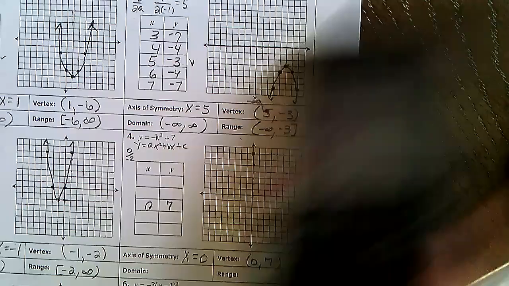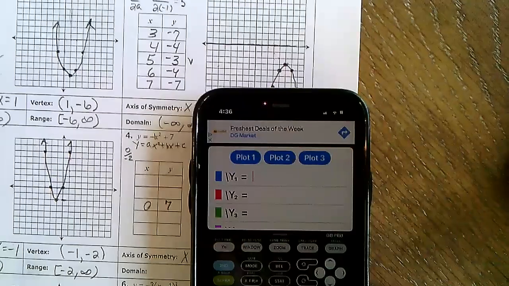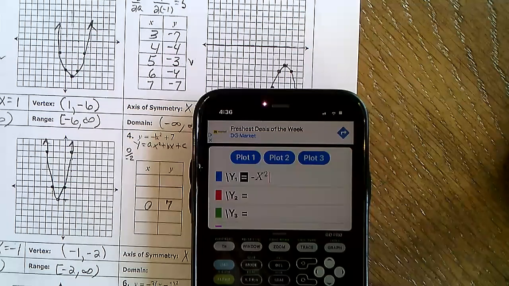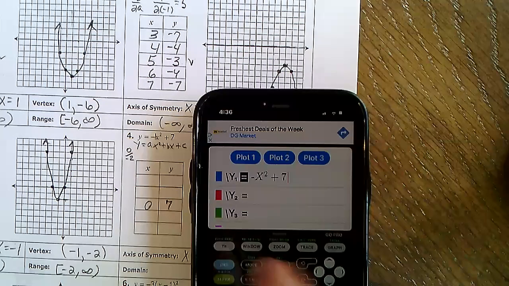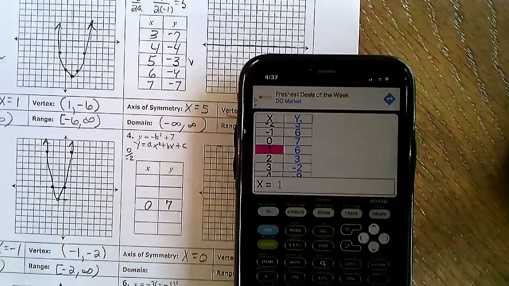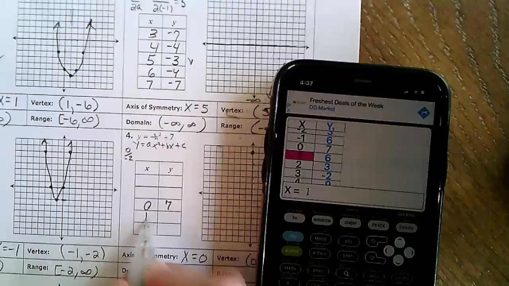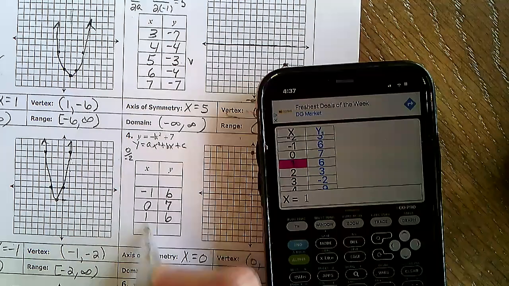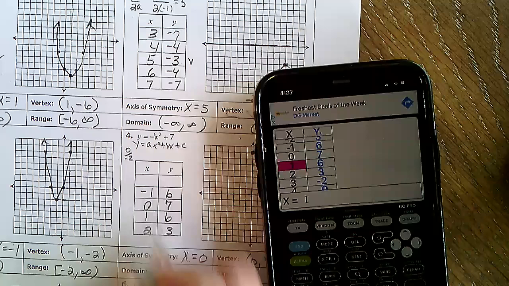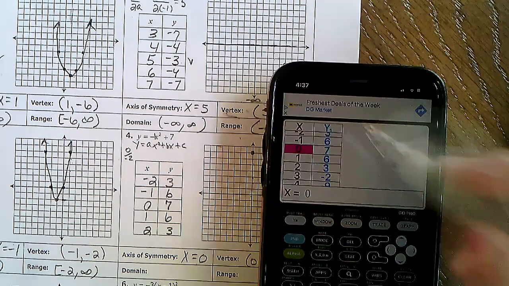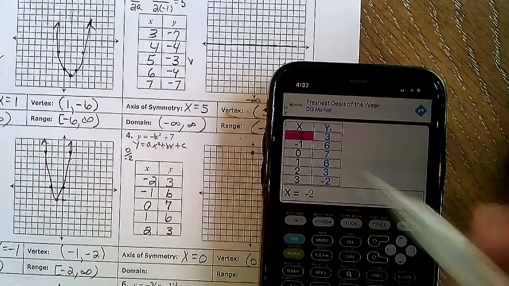All right, now let's type in the equation. We've got negative x squared plus 7, and go to the table. And so (0, 7), and then I've got (1, 6), (-1, 6), (2, 3), which means up here is going to be (-2, 3).